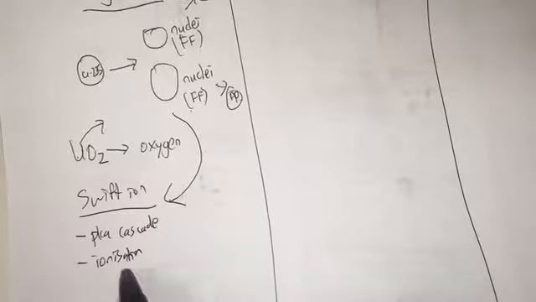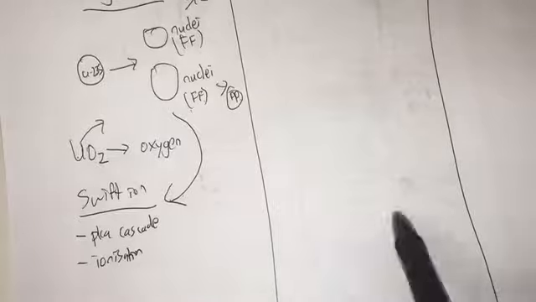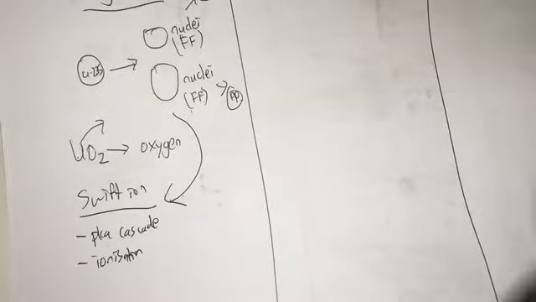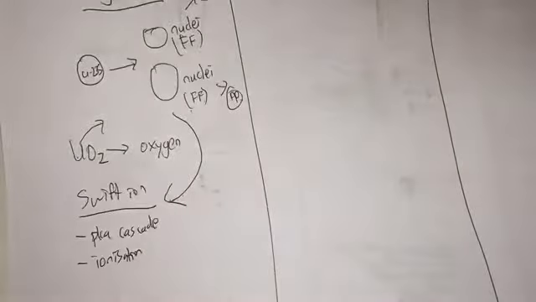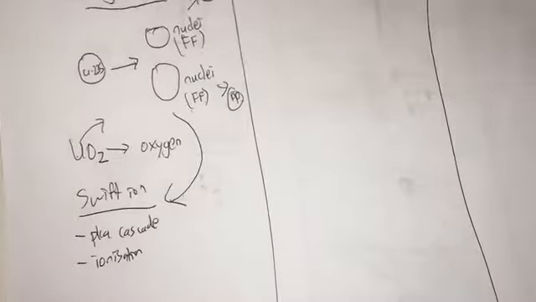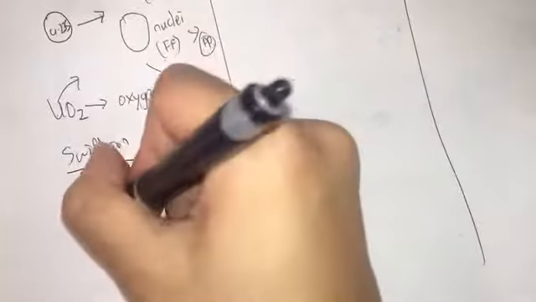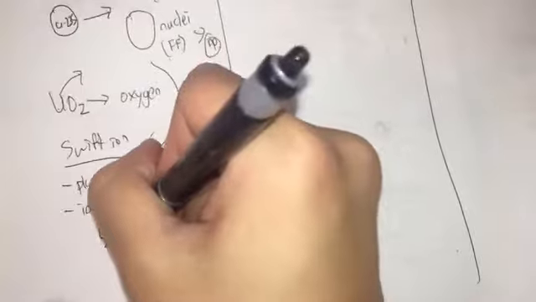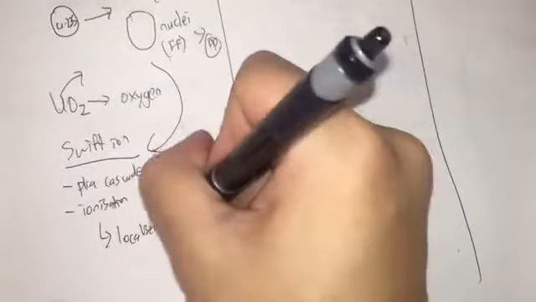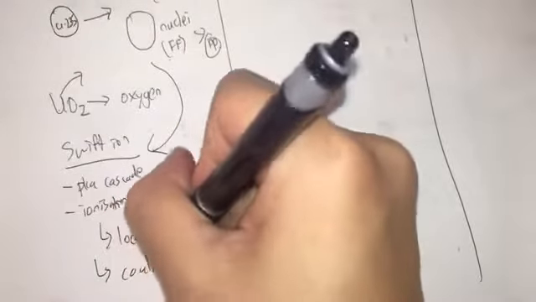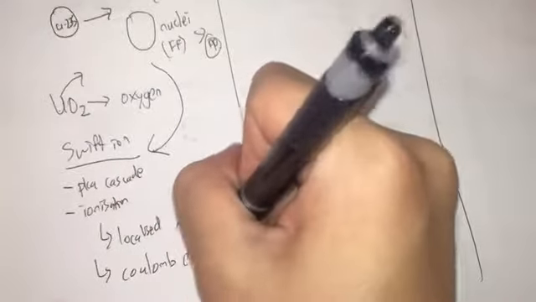And during the ionization phase, they are moving so fast and they are making so many ions at the same time that they can cause localized melt and Coulomb explosions. So let's put this down: localized melt and Coulomb explosion.